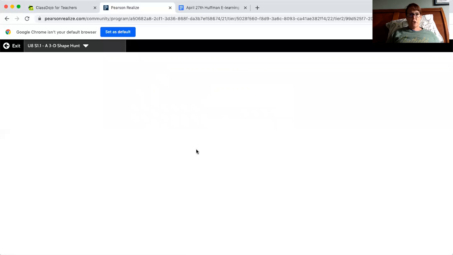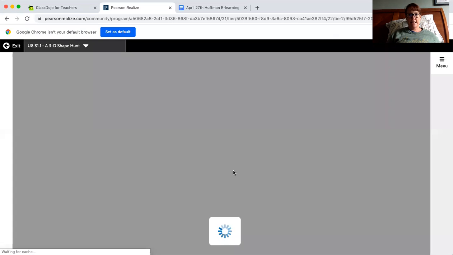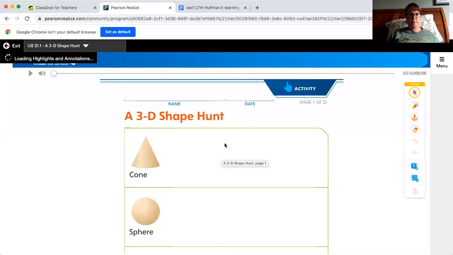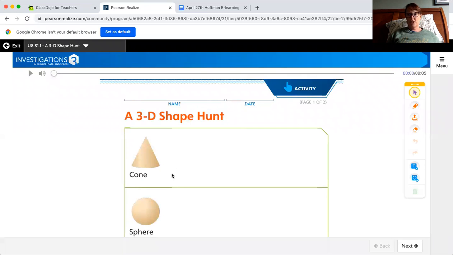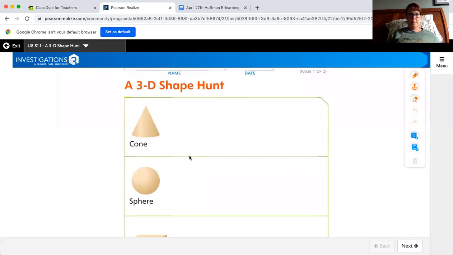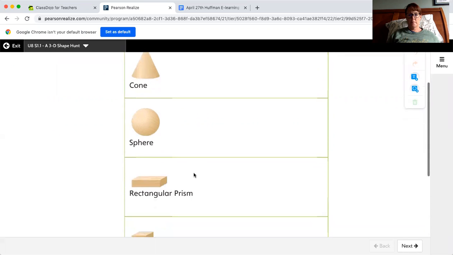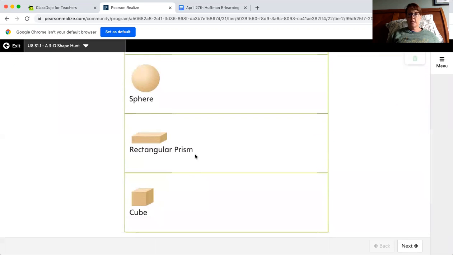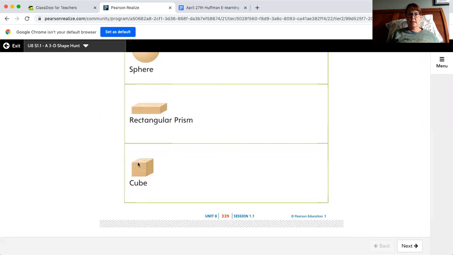I would like for you to look around your house and see if you can find something that is in the shape of a cone, something that's the shape of a sphere, something in the shape of a rectangular prism, and something that's the shape of a cube.